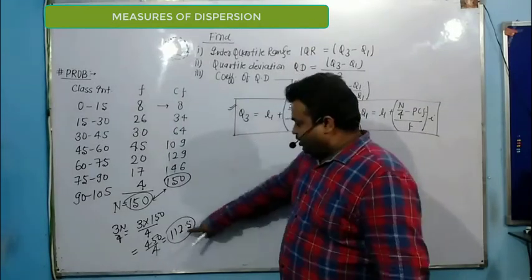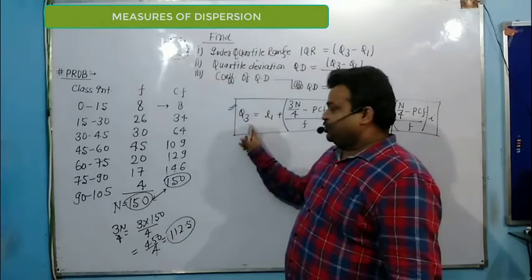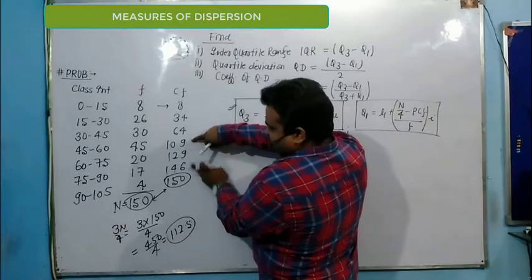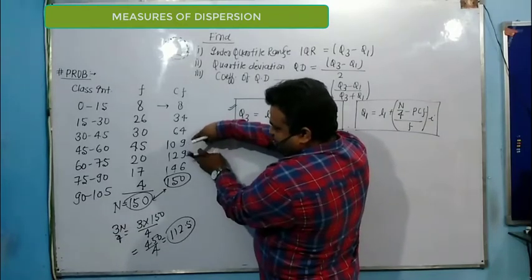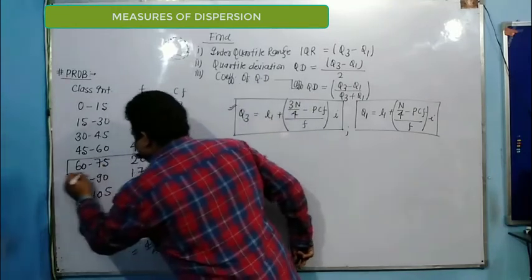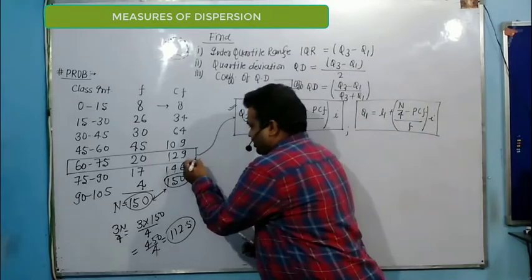Now you have to check where this value lies in the cumulative frequency to select the Q3 class. 112.5 lies after 109, because 109 is less than this. So this will be my Q3 class interval range.